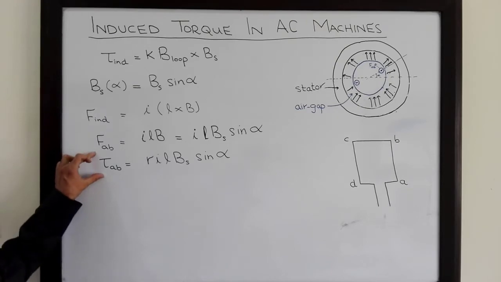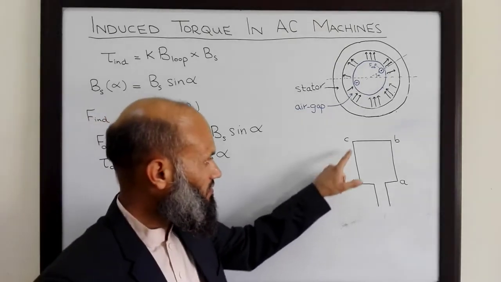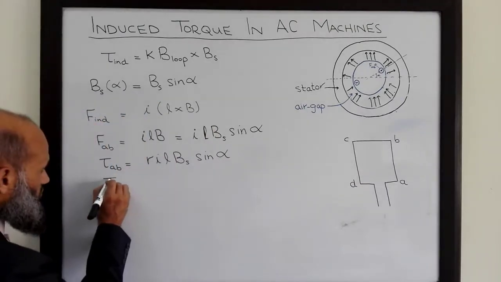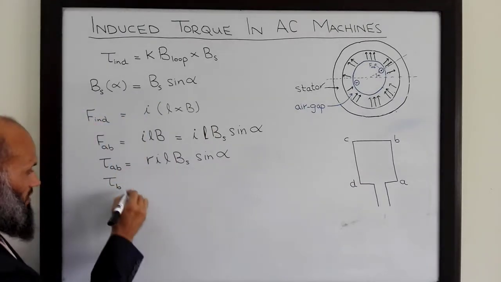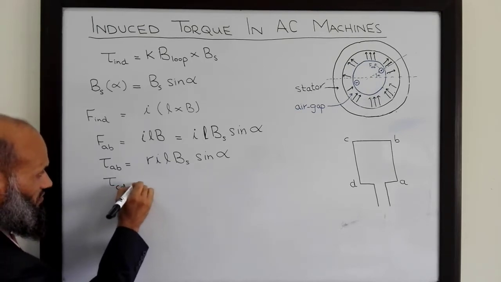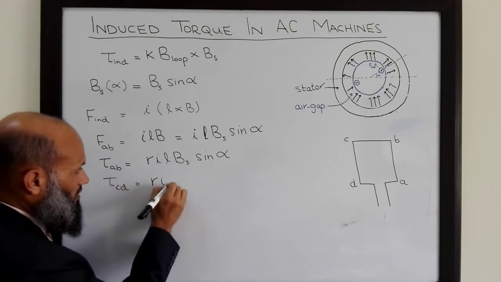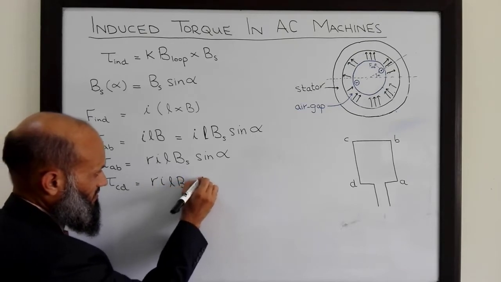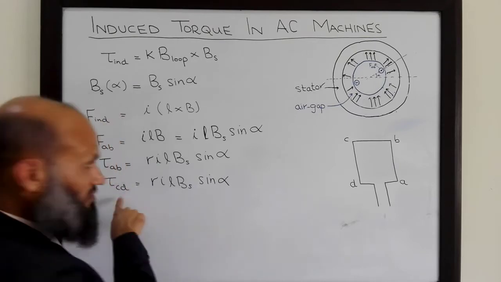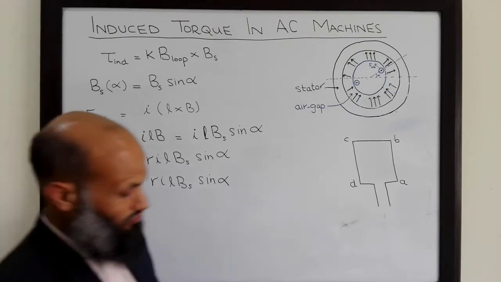By a similar discussion, we can find the torque induced due to this conductor. That also comes out to be equal to RILB, that is, RILB sine alpha. And the direction of this induced torque: what is the direction of induced force?